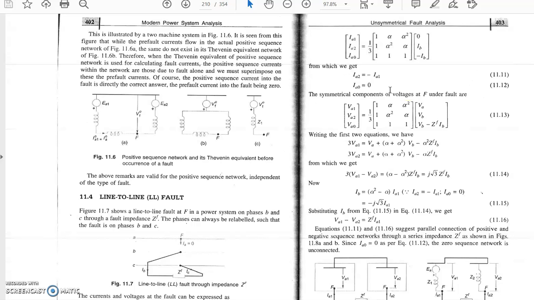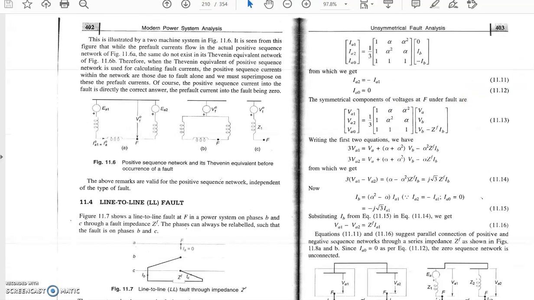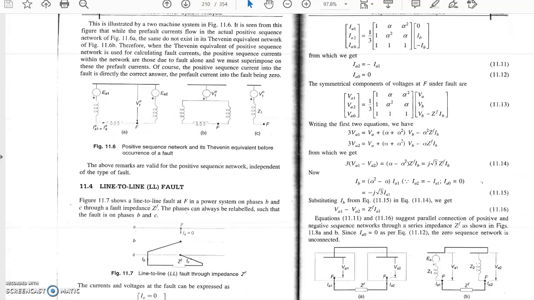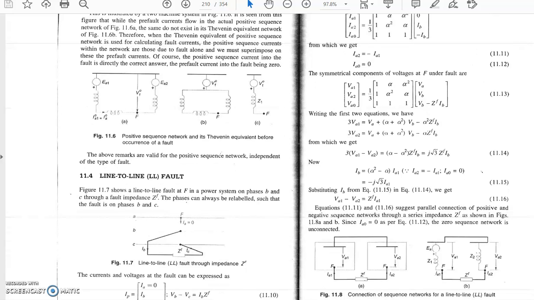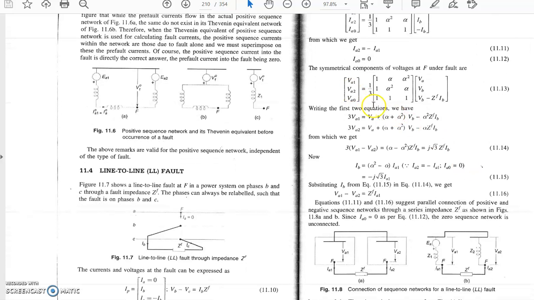Then further we have to write the sequence component of voltage: the relation between the sequence component of voltage and the phase component of voltage. So VA1, VA2, VA0 equal 1 by 3 of the matrix [1 1 1; 1 alpha alpha square; 1 alpha square alpha] times VA, VB, VC. From the equation we can write VC equals VB minus ZF IB.